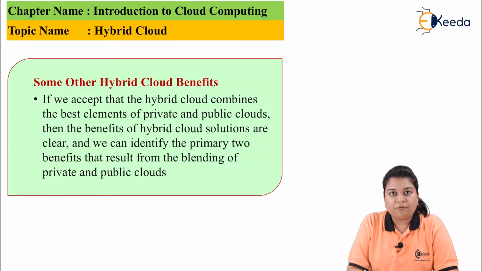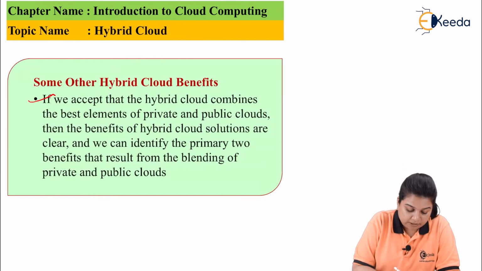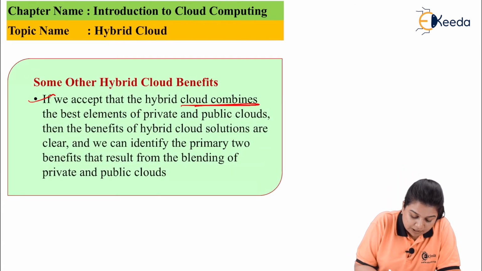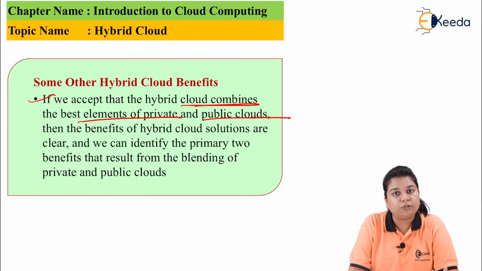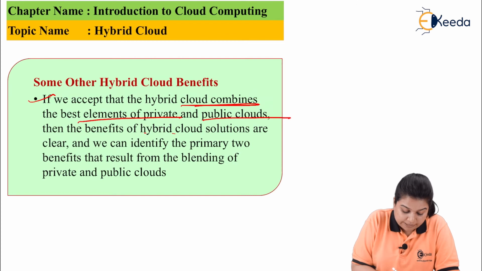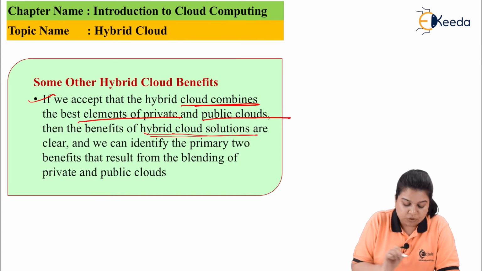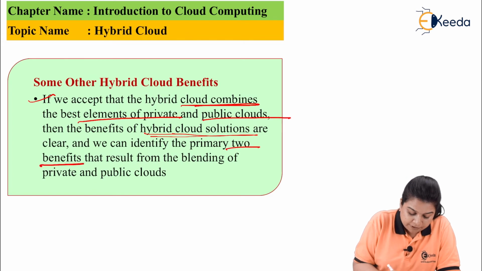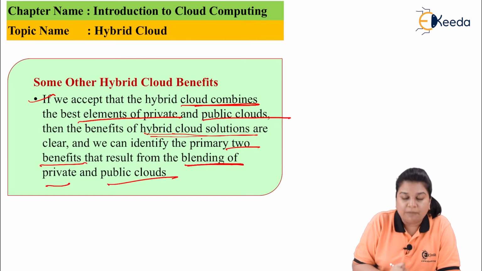Some other benefits of hybrid cloud are as follows. If we accept that hybrid cloud combines the best elements of private and public clouds, that means the best of both worlds, then the benefits of hybrid cloud solutions are clearer, or we can say we can identify the primary two benefits that result from the blending of private and public cloud.